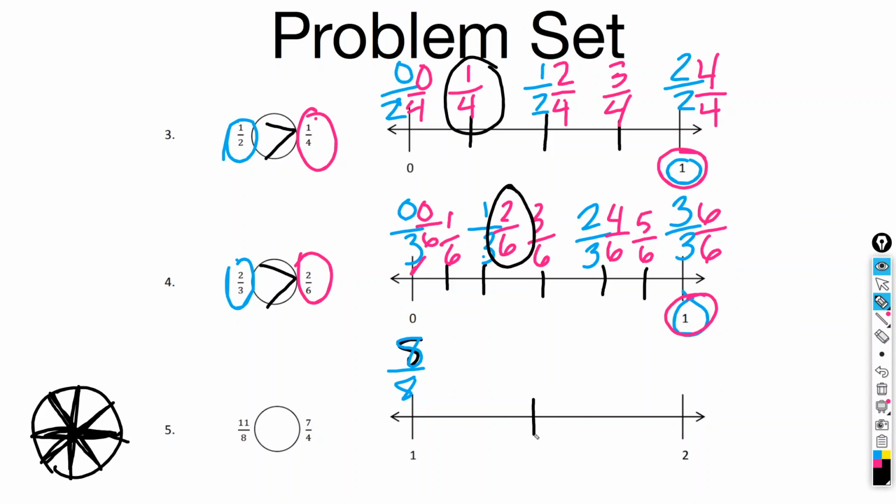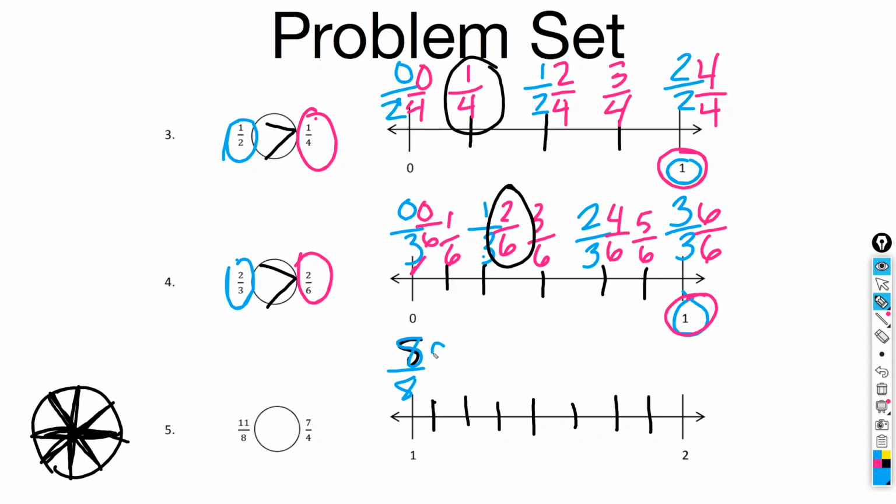So break it in half. Break it in half again, then we're in fourths. And then break each of those in half again. So now that's broken into eighths. I'm going to go ahead and finish labeling those eighths.